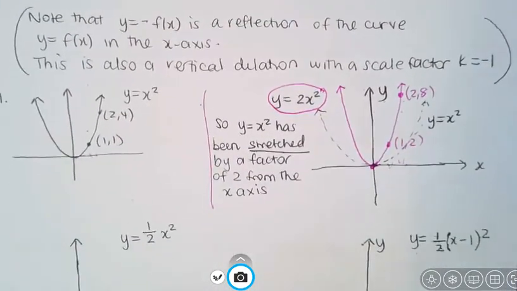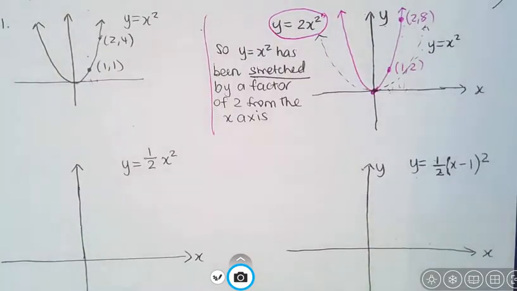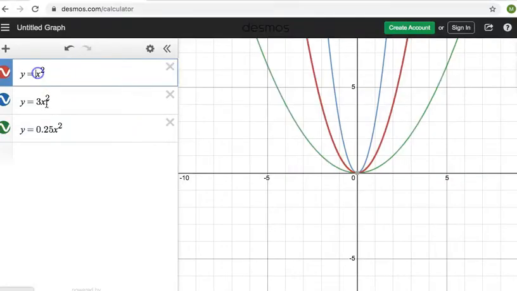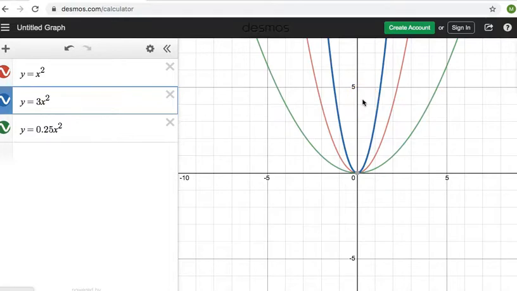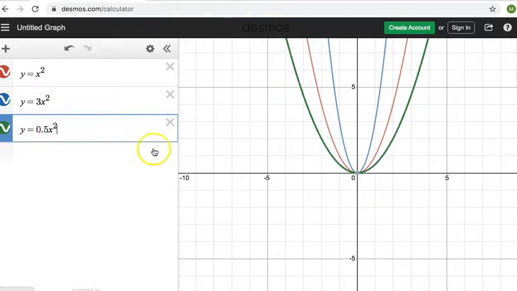Let's do a sketch. Y equals x squared in red. Y equals 3x squared has been stretched from the direction of the x-axis, and y equals a quarter x squared has been compressed from the direction of the x-axis. So the one that you've got on your sheet is a half x squared.